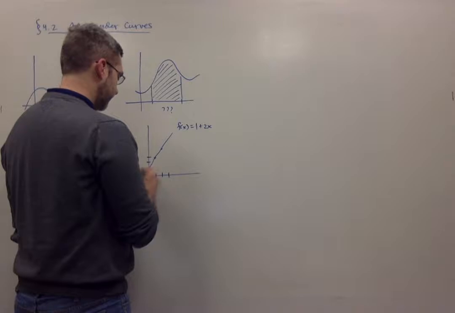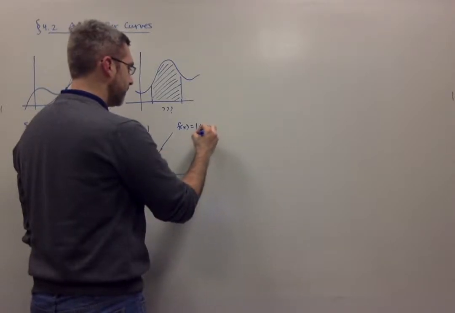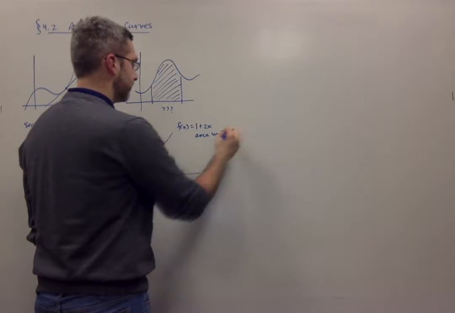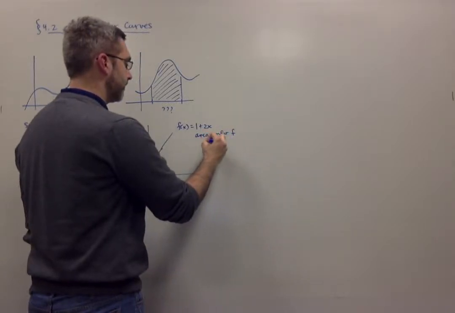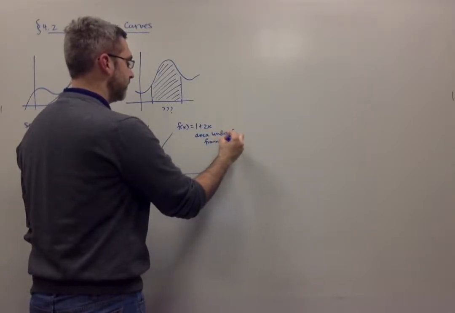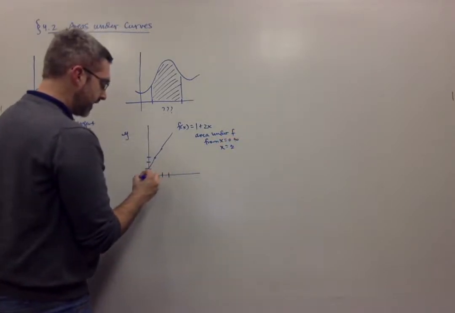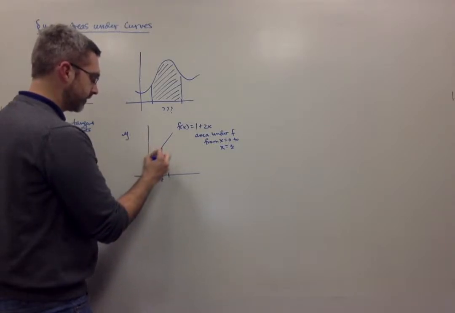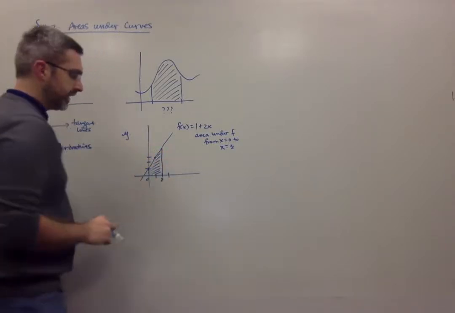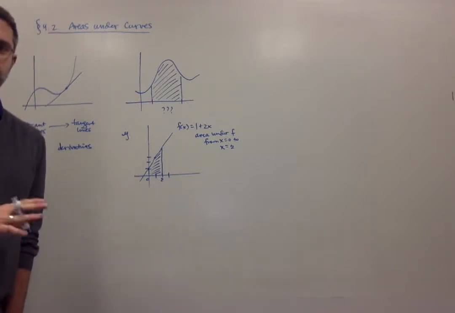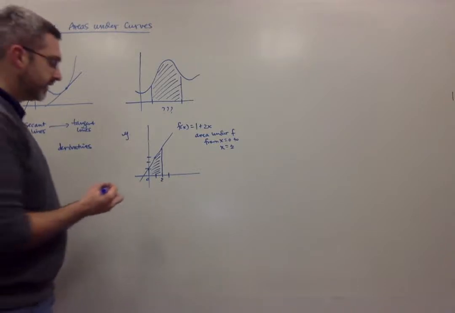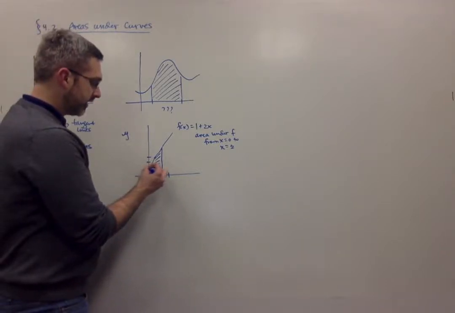And if I were to ask you the area under f from x equals 0 to x equals 2, what I mean by that is from 0 to 2, if I were to draw straight down, the area between that function and the x-axis. One way you could calculate that is by cutting it into a triangle and a rectangle.